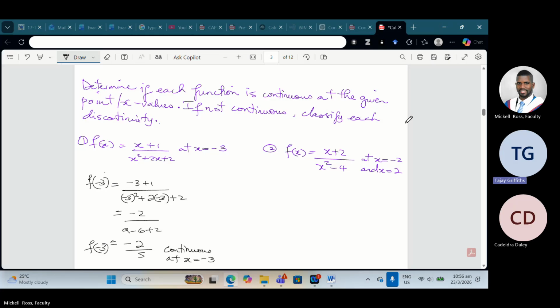What's that x minus values? Slash x values. So x values.